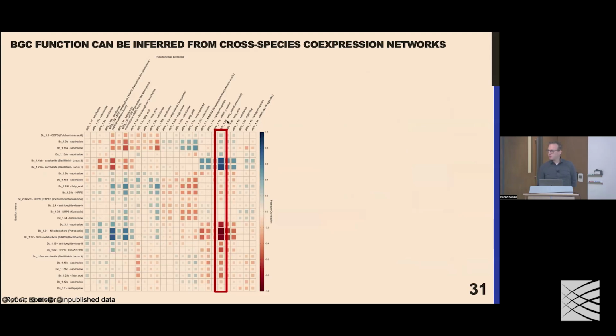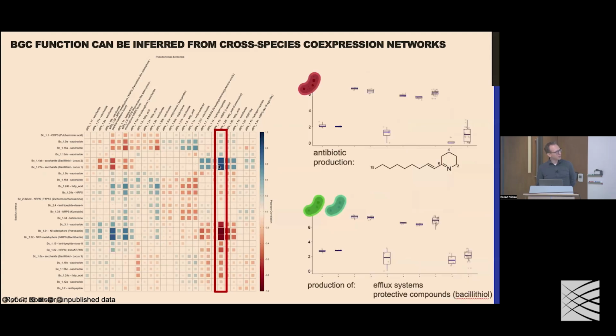Whenever Pseudomonas makes that antibiotic, the Bacillus strain responds by turning off all its siderophore production. But it's also highly positively correlated with these 2 gene clusters, which encode the production of molecules known to be protective against redox stress and redox stress inducing antibiotics, so-called bacillithiol.